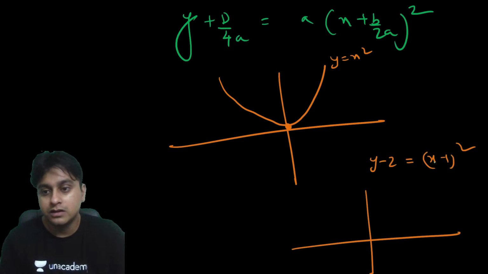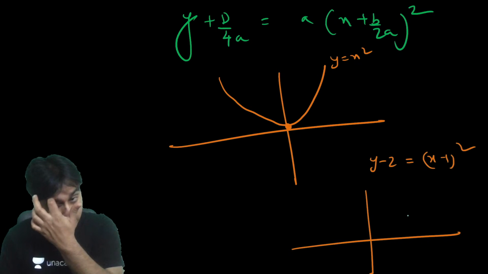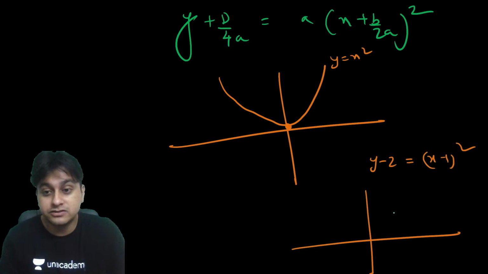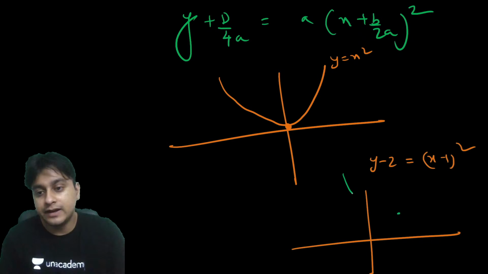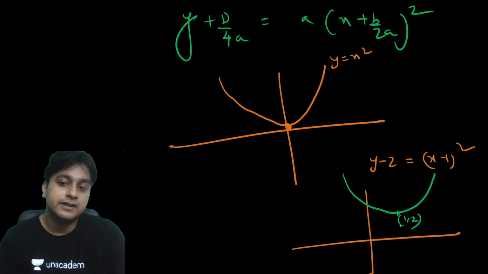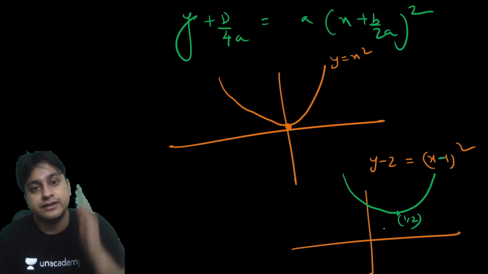The vertex has been shifted to 1 comma 2, because we have subtracted 1 from x and 2 from y.